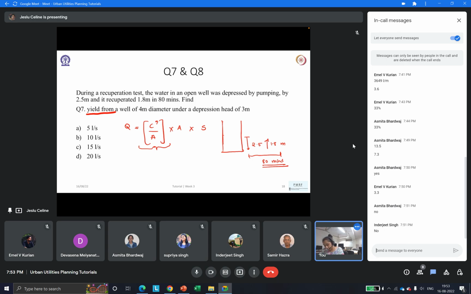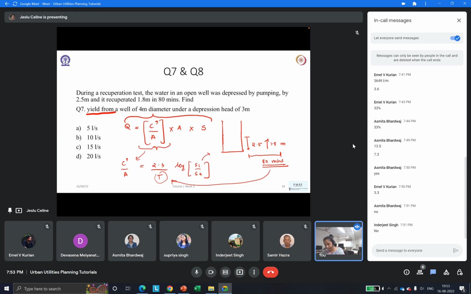So from the recuperation test formula. This formula which we use is a derivation from our Darcy's law, based on the potential difference which is happening. So we have C dash by A is equal to 2.3 divided by T log of S1 by S2. Now T is the duration in which it is getting recuperated.